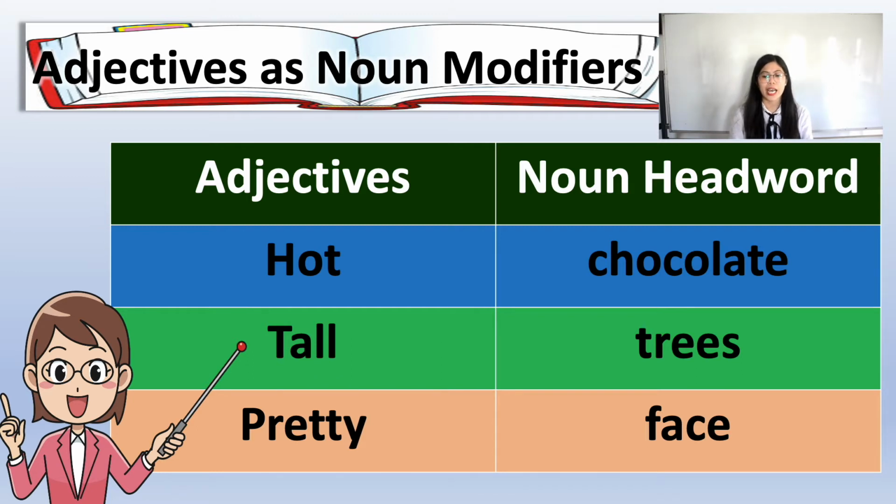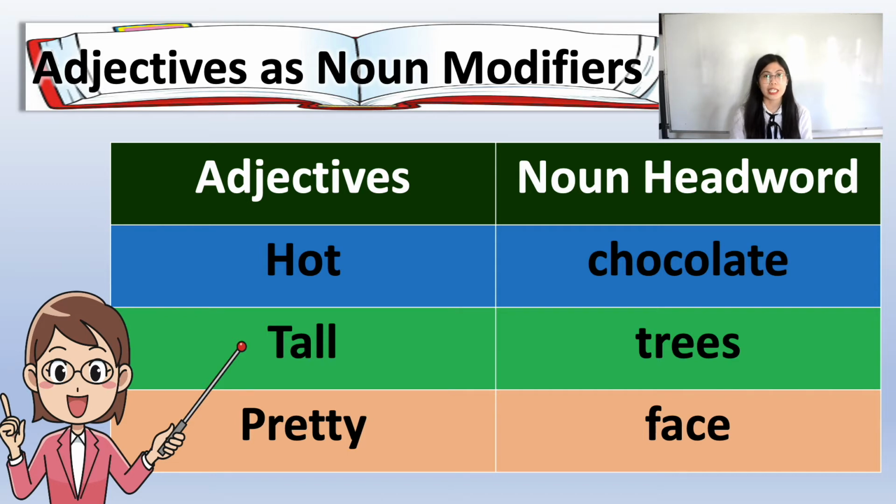In the phrase hot chocolate, the adjective is hot because it is the term used to describe something. The thing that is described is the word chocolate. Since it's the one being described, we call this the noun head word. So the phrase hot chocolate, we now call a noun cluster.